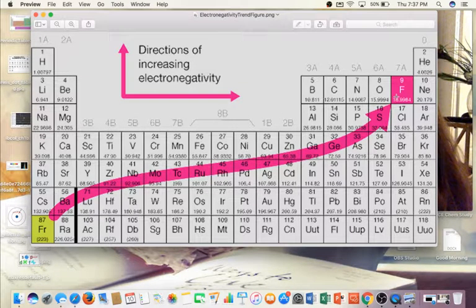The highest element with electronegativity is going to be fluorine. The element with the least electronegativity is going to be francium. Now, remember that electronegativity is the ability to attract electrons. So keep that in mind.